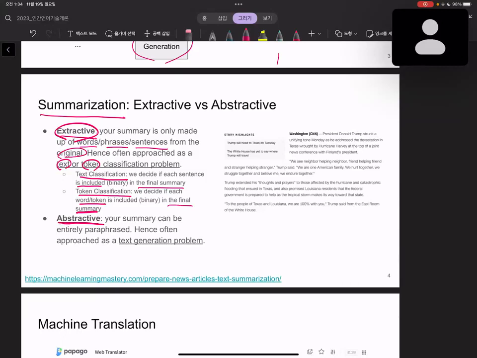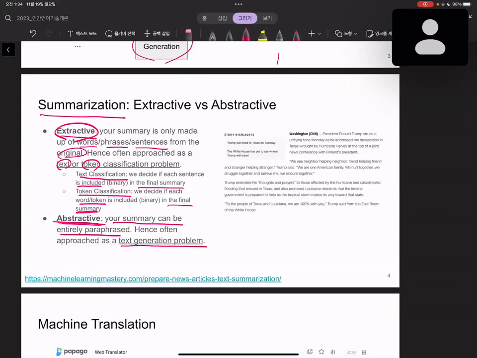And in the abstractive approach, the summary is entirely paraphrased, hence often approached as a text generation problem.